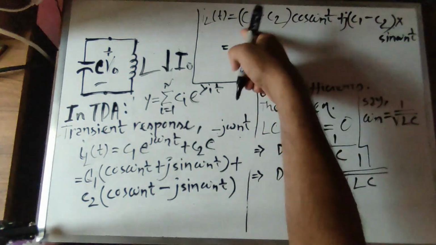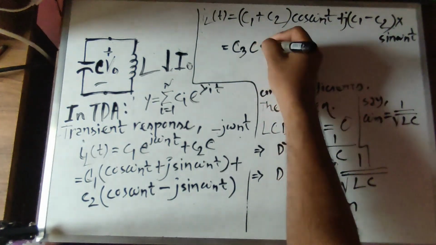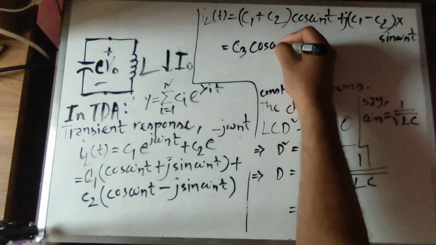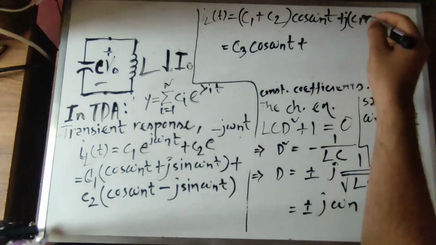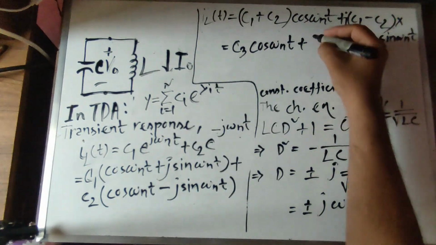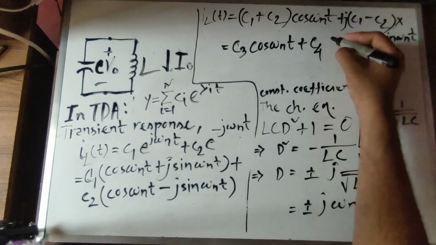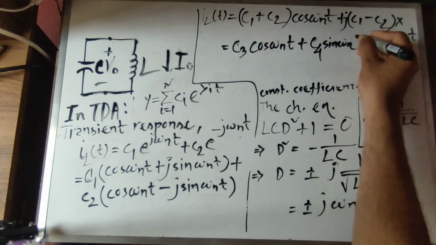Now let us replace C1 plus C2 by C3. So C3 cos omega nt plus j C1 minus C2. Let us replace this term by C4. So C4 sin omega nt.